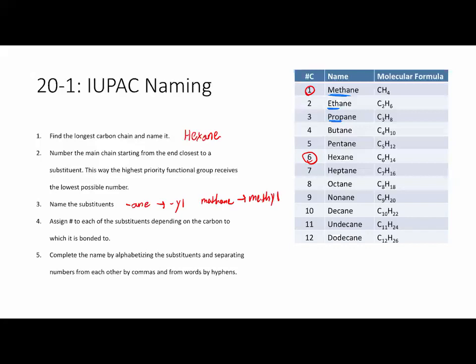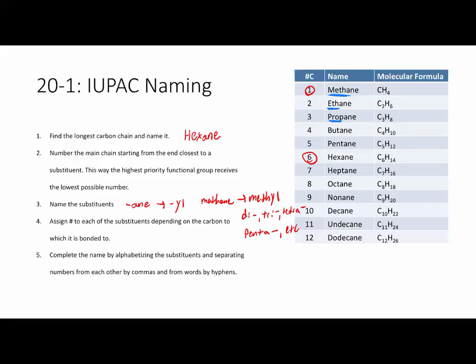If there are multiples of the same substituent for straight alkyl chains, you have to make sure you use prefixes such as di, tri, tetra, penta, etc. So it goes on from there.